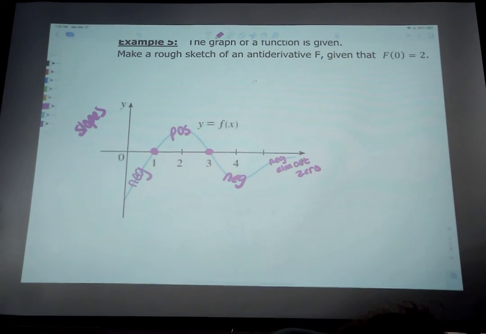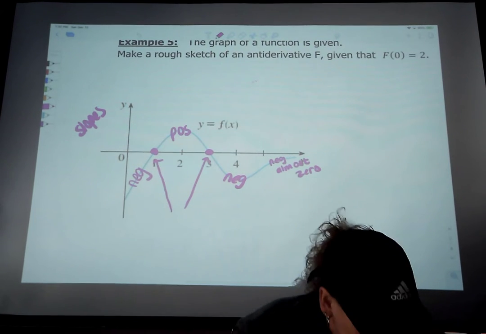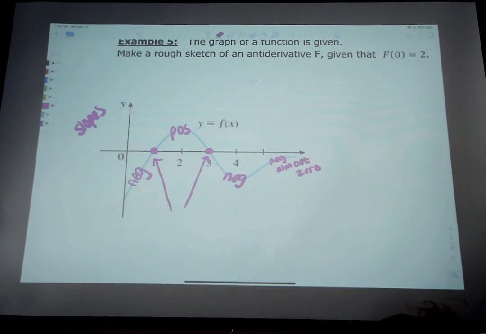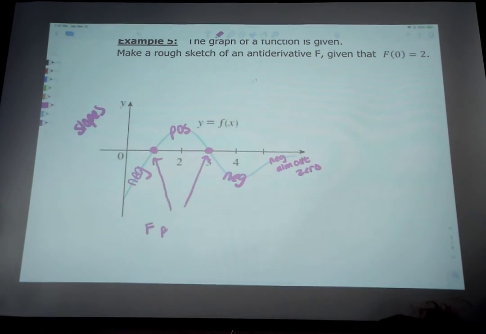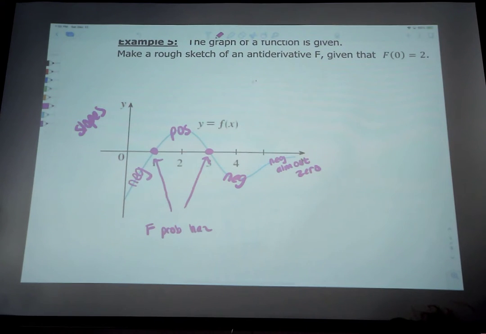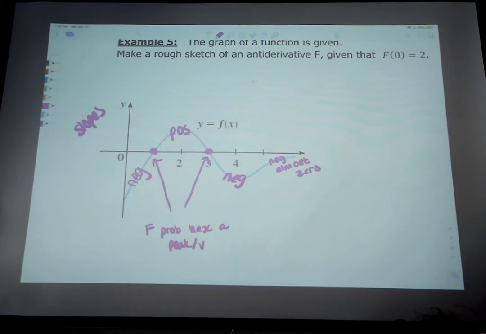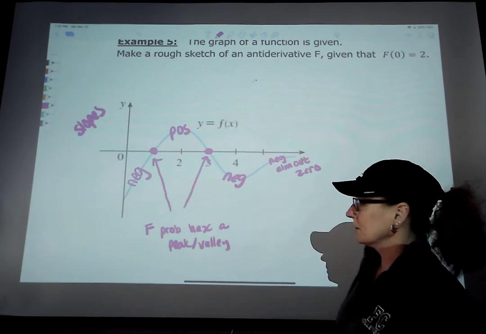Here, slope of 0, slope of 0. Big F probably has a peak or valley here.